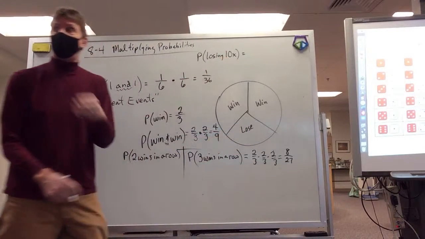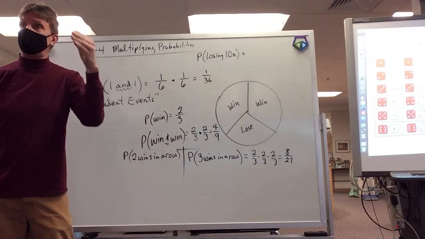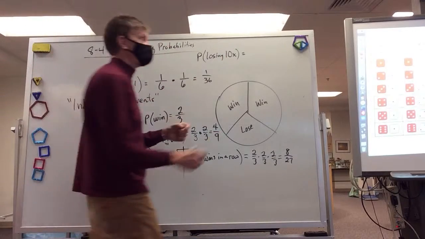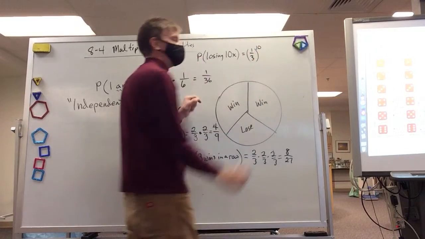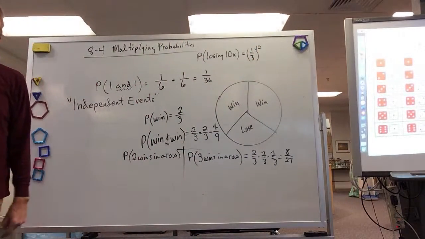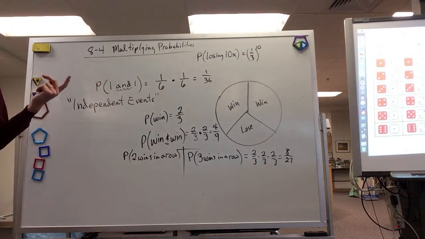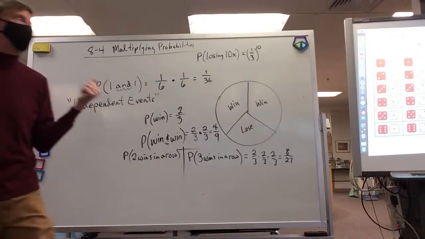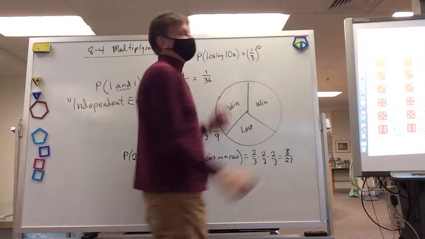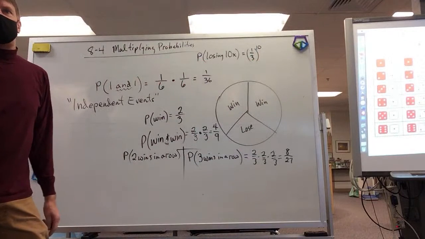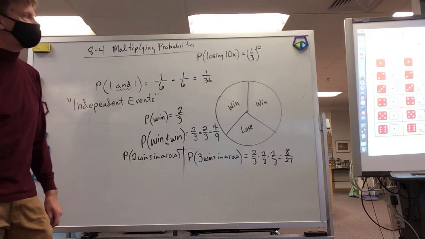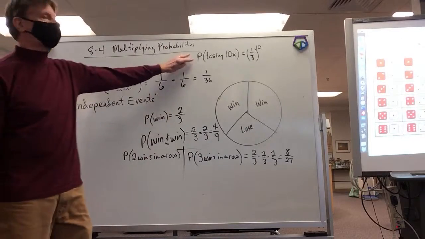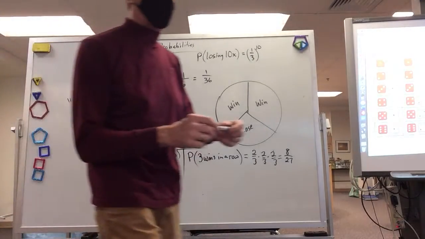So 10 times in a row would be 1/3 times 1/3 times 1/3, taken 10 times. That goes a little bit beyond what we're doing in this lesson, but that's how you would do it. I don't know what 3 to the 10th is. That's a pretty big number. So it'd be 1 out of whatever 3 to the 10th is. But this is above and beyond what we need to know to be able to do our work.